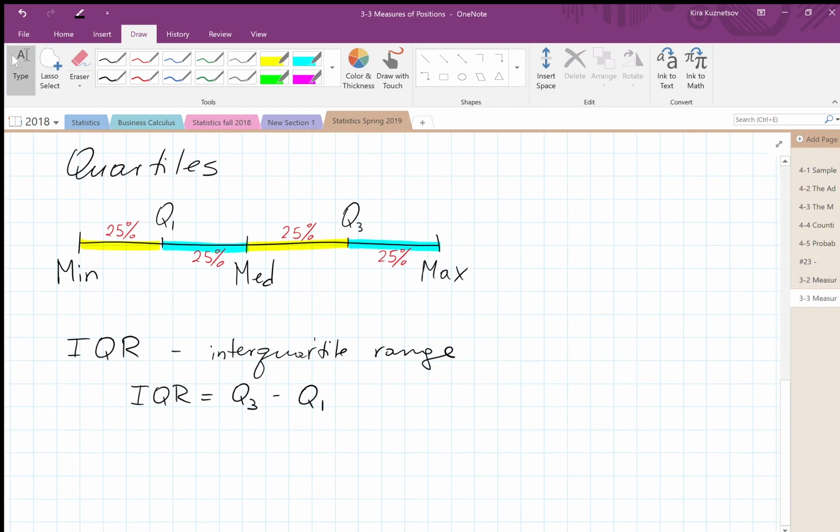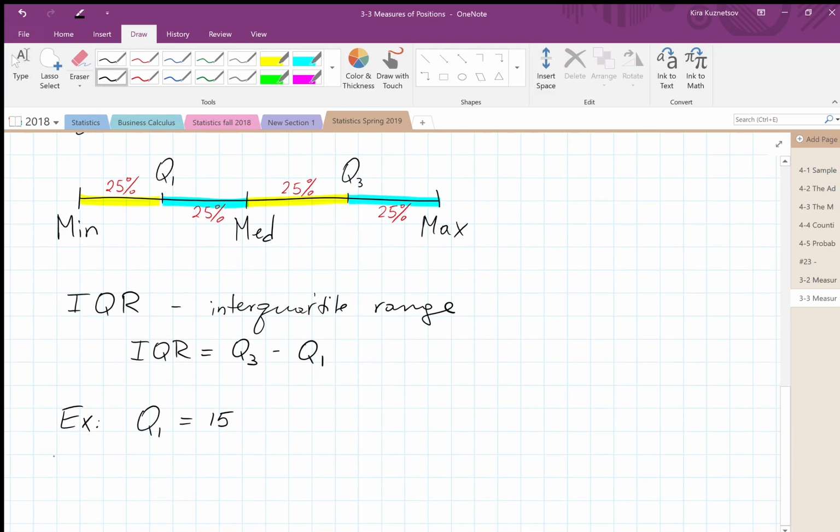I just have a small example. If Q1 is given to you at 15, this is example 3-35, and Q3 is given to you at 22, my IQR is 22 minus 15, which is just 7.